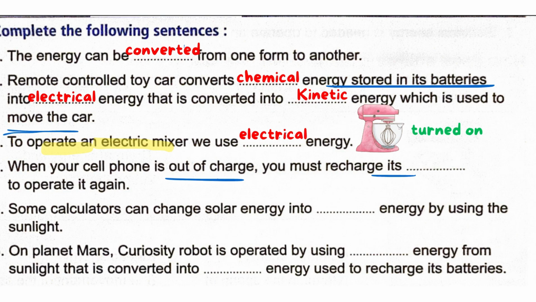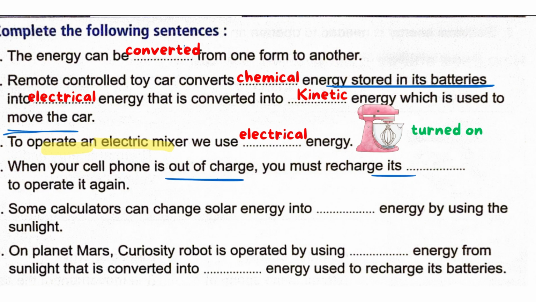Here the device is the electric mixer. Okay, what is the meaning of operate? To turn it on, switch it on. Okay, so here the answer: to operate an electric mixer we use electrical energy. Okay, let's go to the other question.